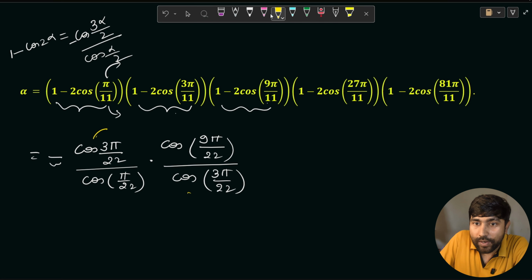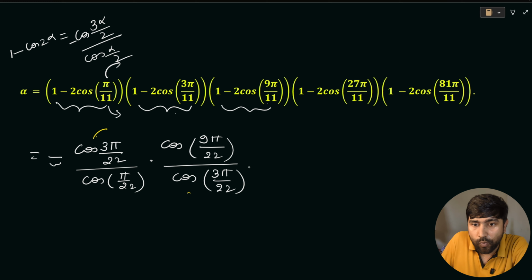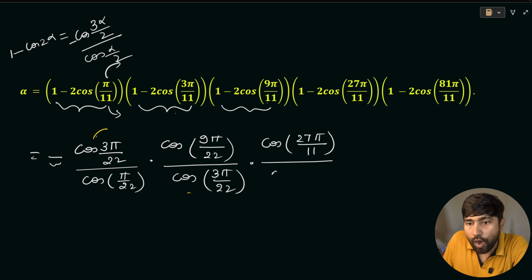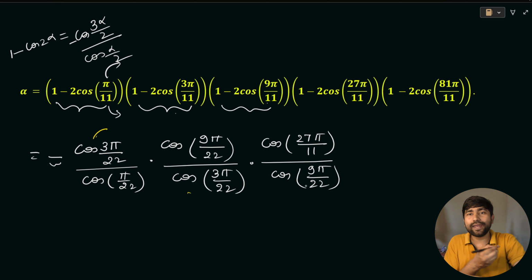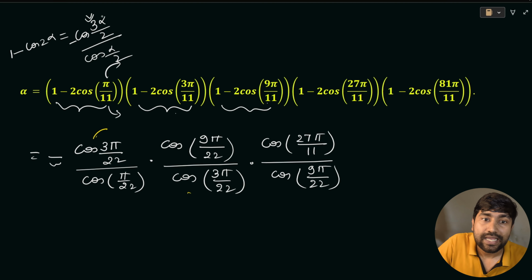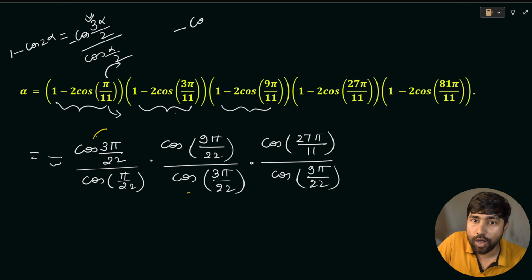Now when we convert the next term, 1 minus 2 cos 9 pi by 11, we'll get cos 27 pi by 22 upon cos 9 pi by 22. So why are we getting a telescoping series here? Because 3 is there in our numerator terms. So 3 times alpha by 2 in cos 3 alpha by 2 upon cos alpha by 2.